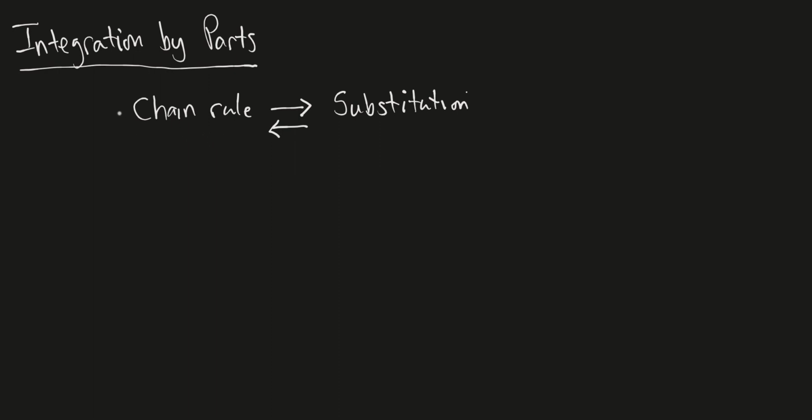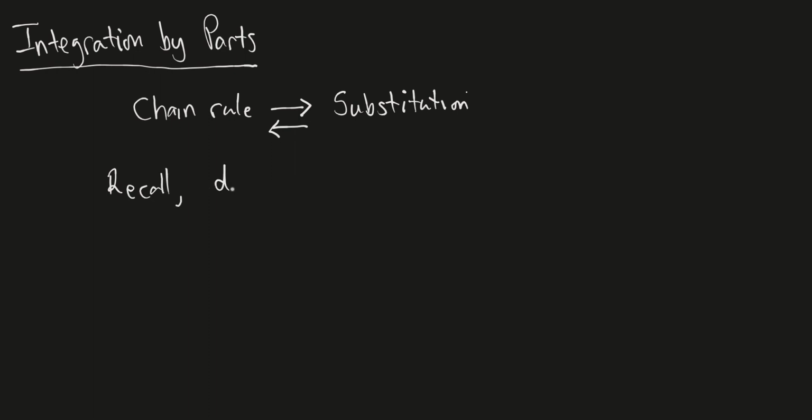Well, it turns out of course, we have other rules from Calc 1, right? And the rule that we're going to work with to come up with this technique called integration by parts is the product rule. So let me just remind you of the product rule.